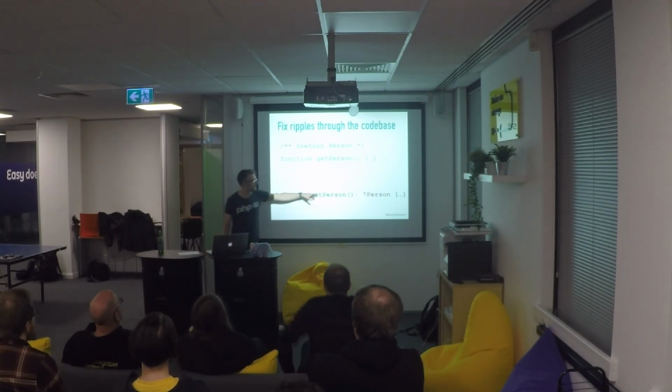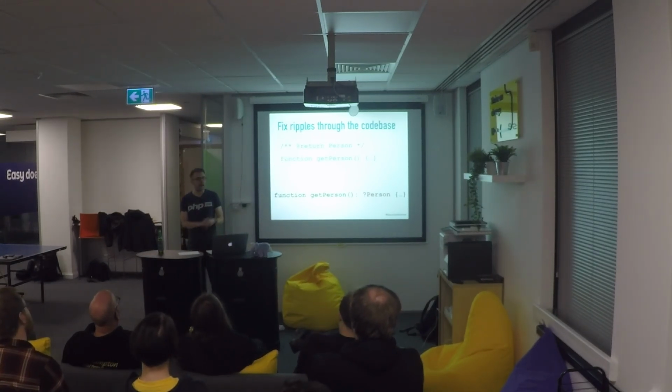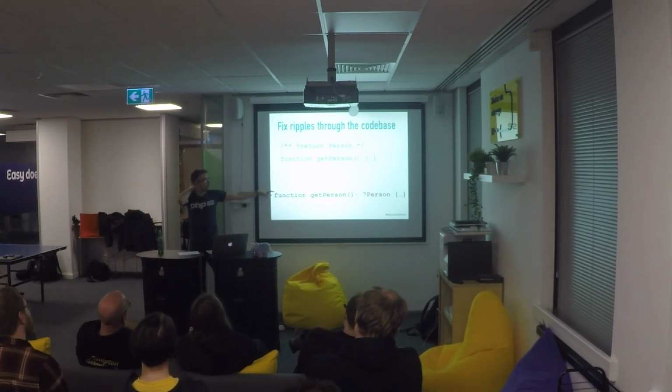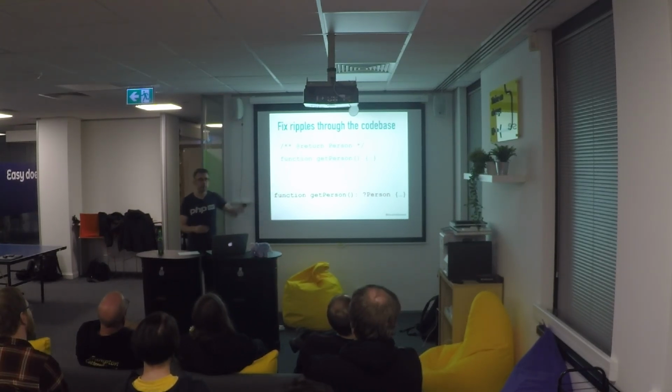So what happens here is I've added in correctly, I've said this is nullable, but in the baseline, because all of this kind of stuff was wrong, suddenly anywhere that uses the response from getPerson, which only takes Person, can actually receive Person or null. So now our static analysis tool will say, hang on a minute, you've made a mistake here because you're not accounting for the nullable in the signature.